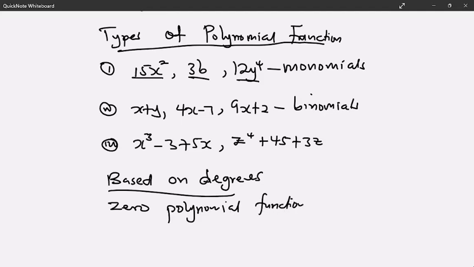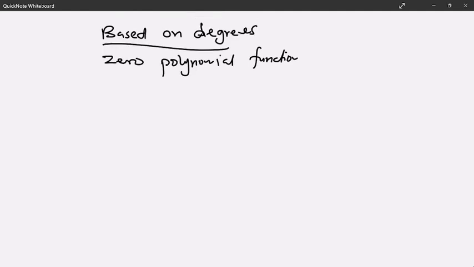Now, what is a zero polynomial function? A zero polynomial function is always of the form f of x equals 0. So if I have any polynomial function where the function equals 0 and it just contains 0 and no other term or variable, then it is a constant function.